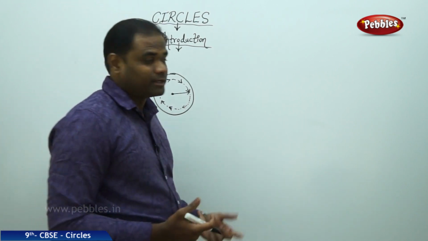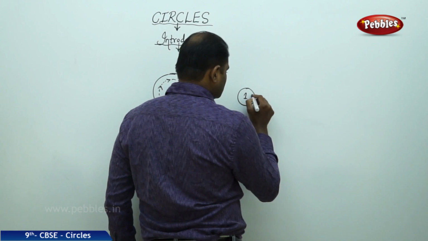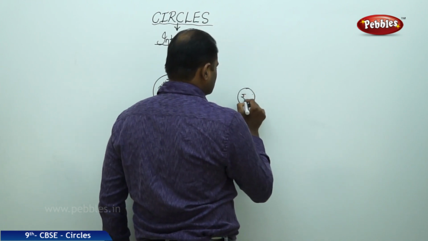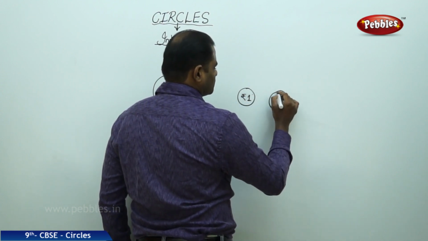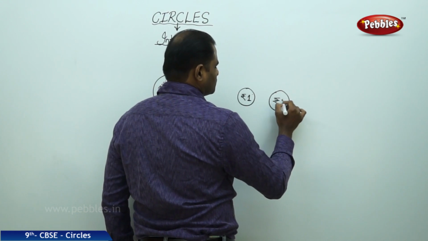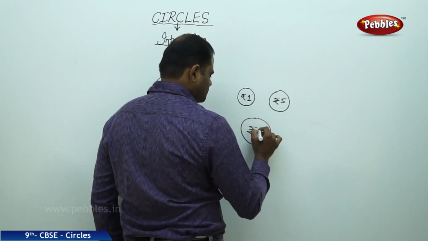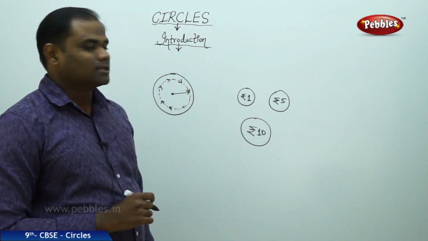The currency coin, a 1 rupee coin, a 5 rupee coin, a 10 rupee coin, etc. are all circular in shape.